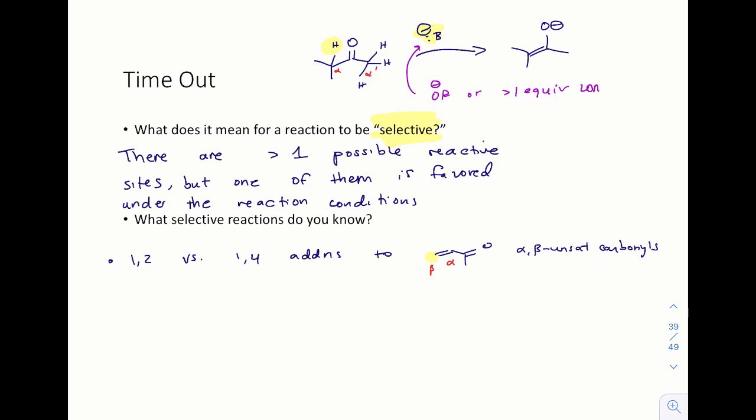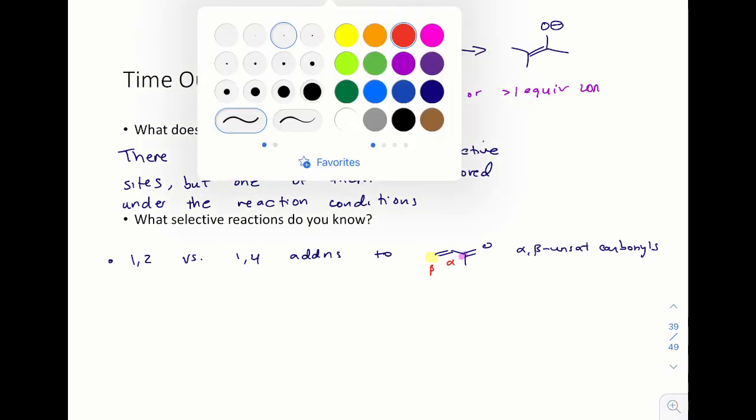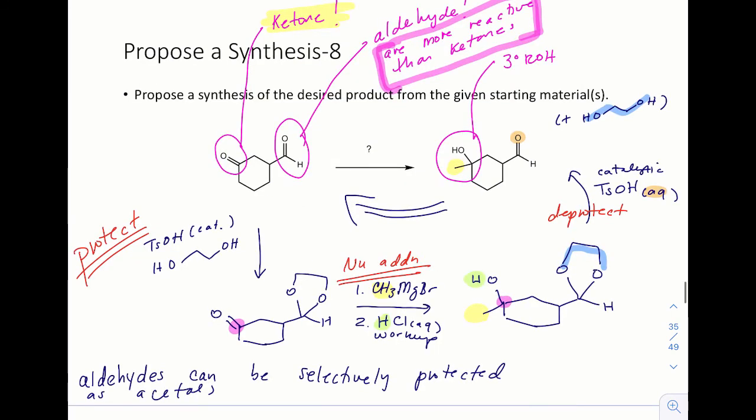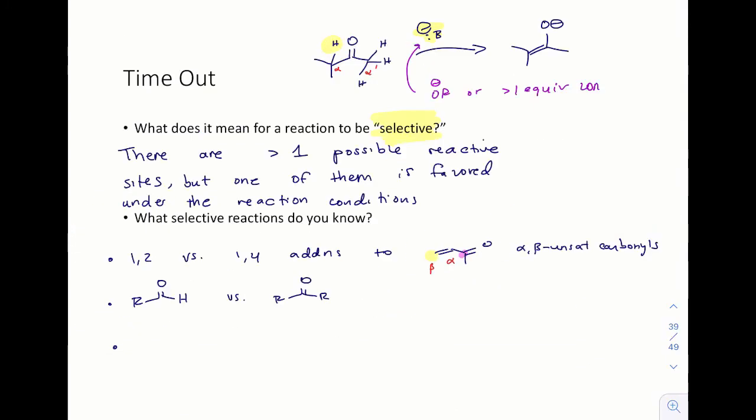Those reactions that favor one site over the other are examples of selective reactions. We've learned that aldehydes are more reactive than ketones, and so we selectively protected an aldehyde as an acetal instead of the ketone, exploiting the difference in reactivity.